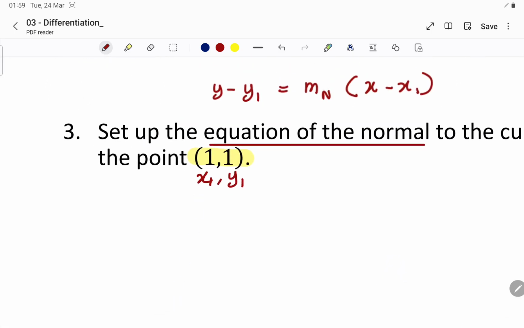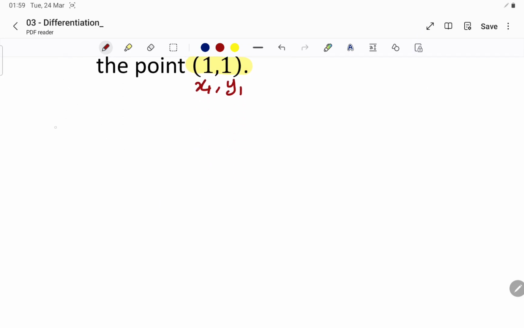Okay, now the first step here is, since we want the equation of the normal, of course we must have m_n, correct? So how to find m_n? Remember the formula of m_n, it is negative 1 over m_t. But then do we have m_t? No, we don't have. So how to find m_t?